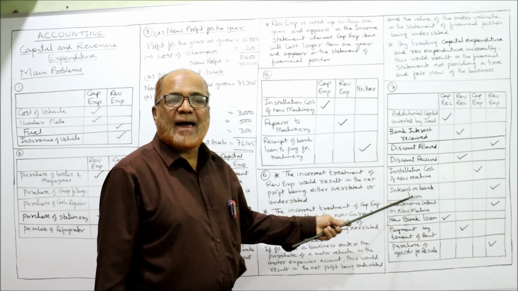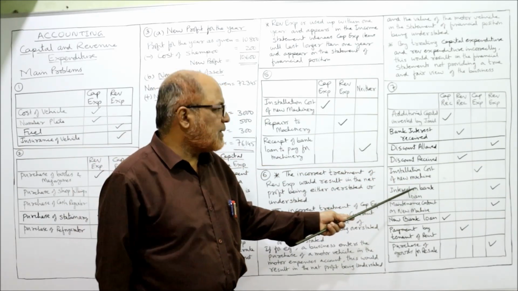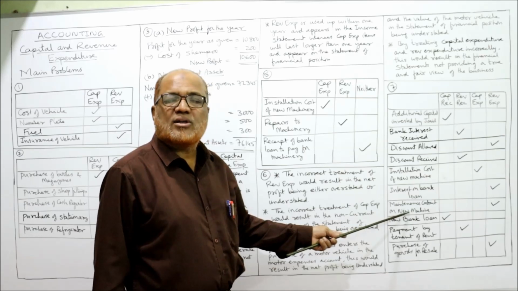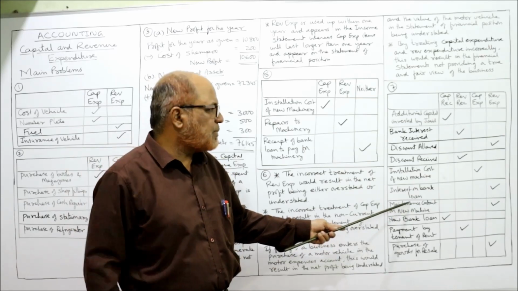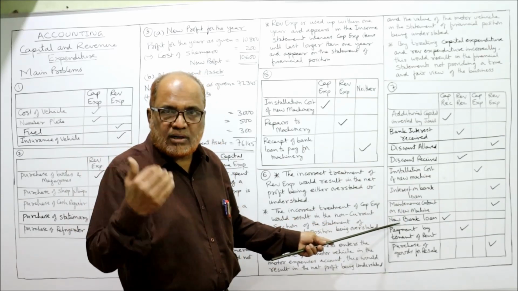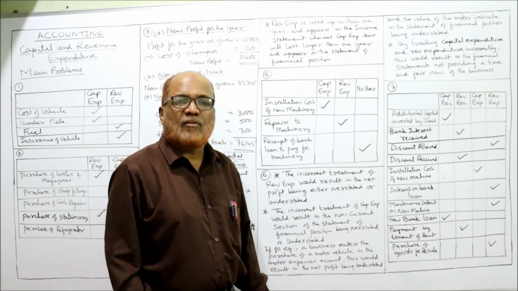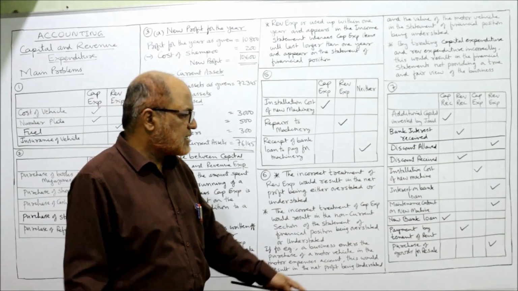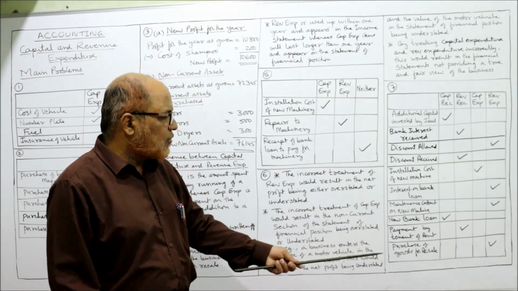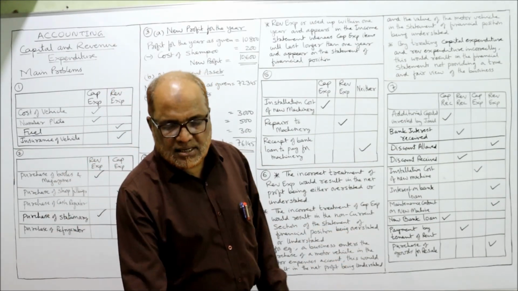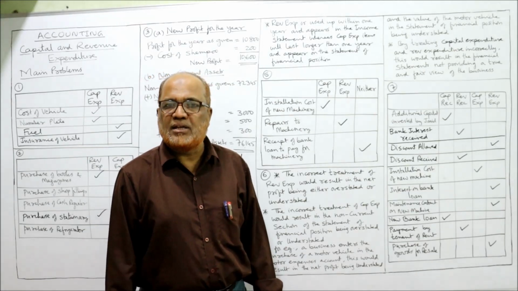Interest on bank loan is a revenue expenditure. Maintenance contract on new machine is a revenue expenditure. New bank loan taken is a capital receipt. Payment by tenant of rent is a revenue receipt. And the last one, purchase of goods for resale, is a revenue expenditure.